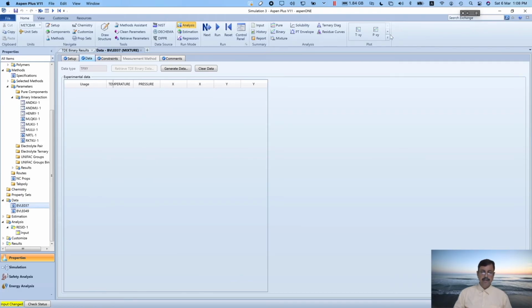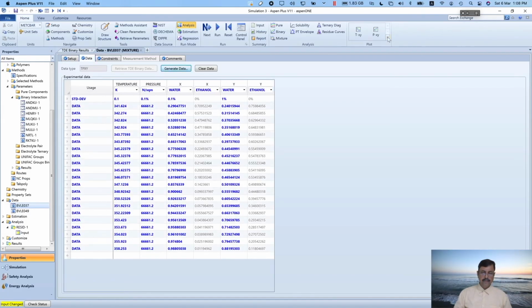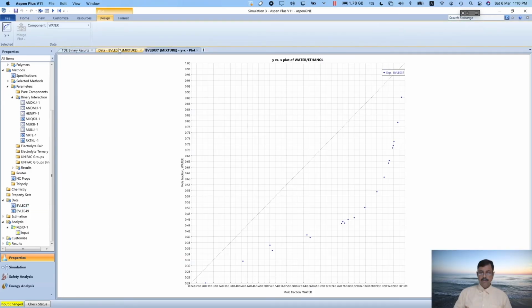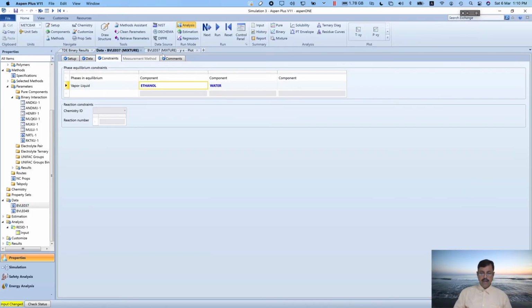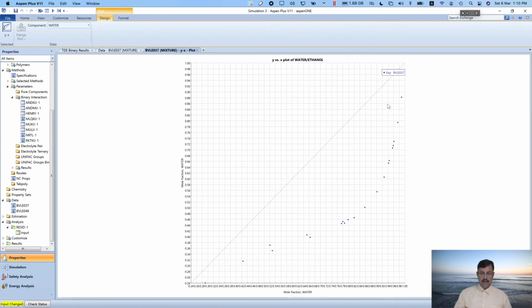So for that, this is Y versus X. Okay, so we have water ethanol mole fraction. This is the vapor liquid equilibrium curve, and this has been obtained from this data set.